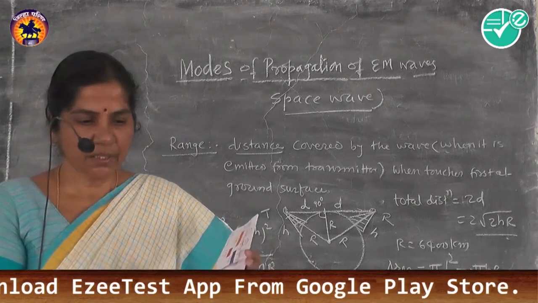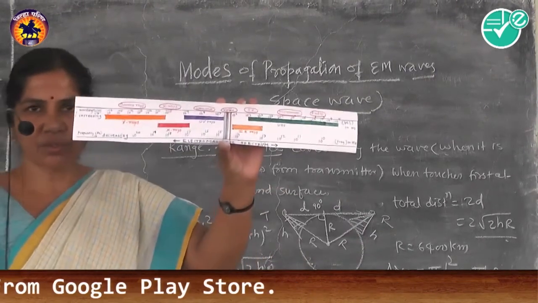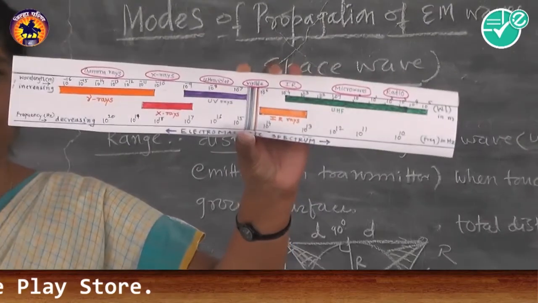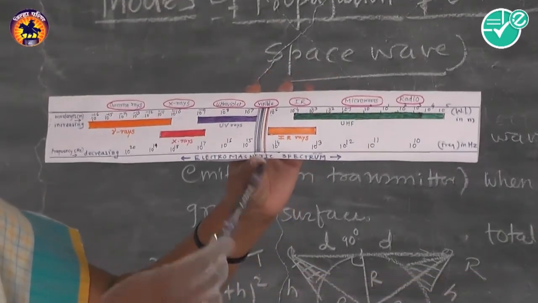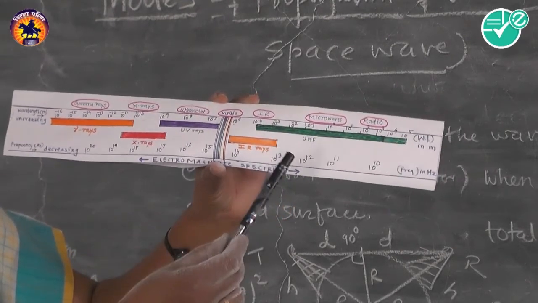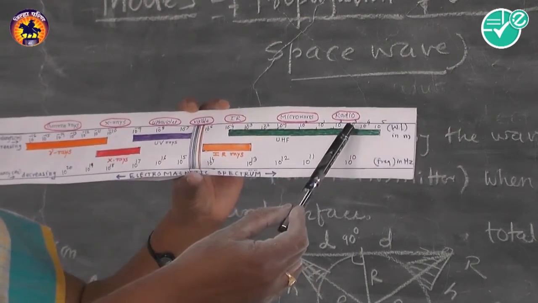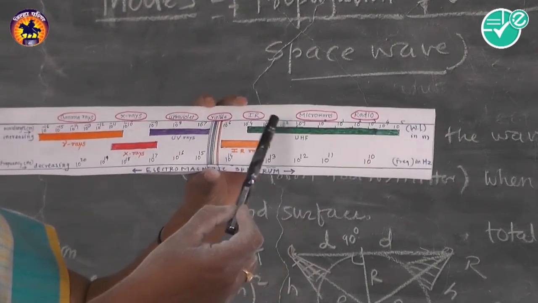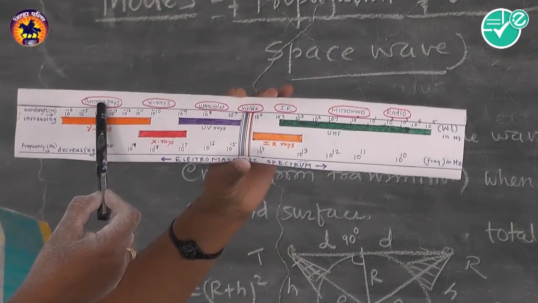Now I again summarize this with a scale made from paper cutting, in which I have made a scale with coloring. Here from right to left, as we move, the radio waves, microwaves, infrared rays, visible, ultraviolet, X-rays, and gamma rays are shown.